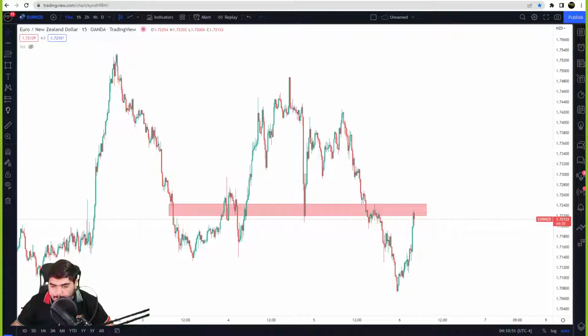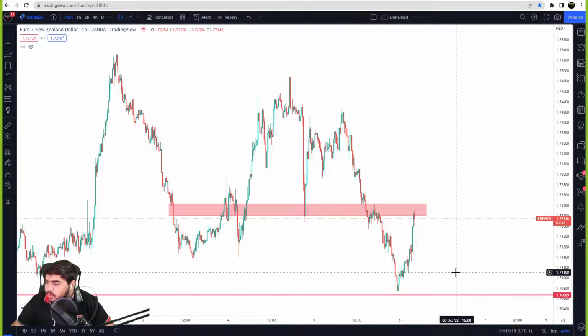I think that the lower level we see around 1.70600 or maybe 1.70650. This area will be around a target for this trade. 1.7065. So roughly around here.